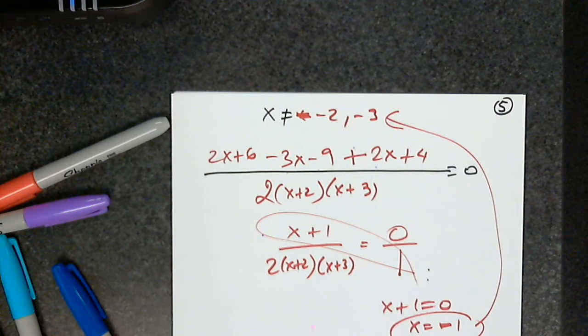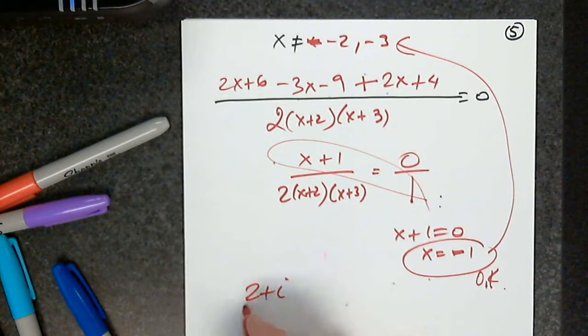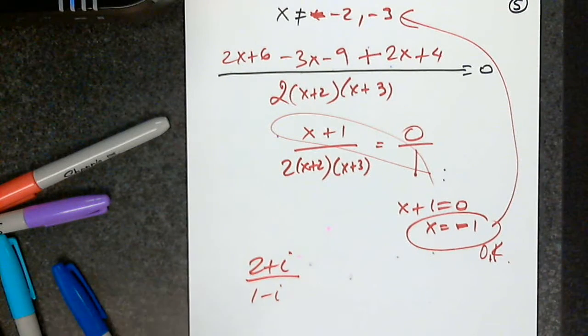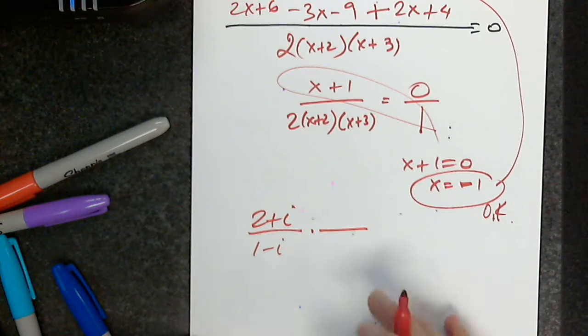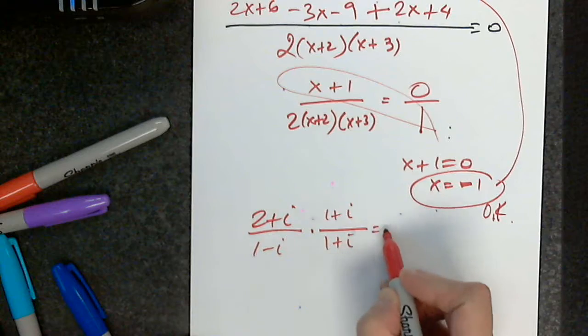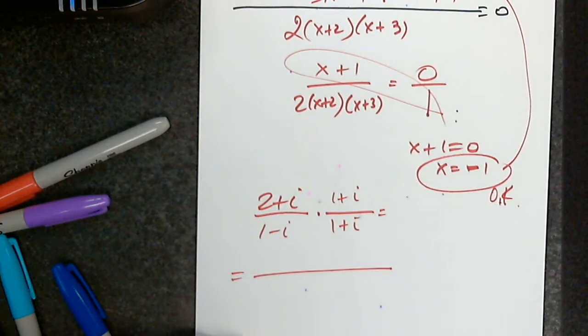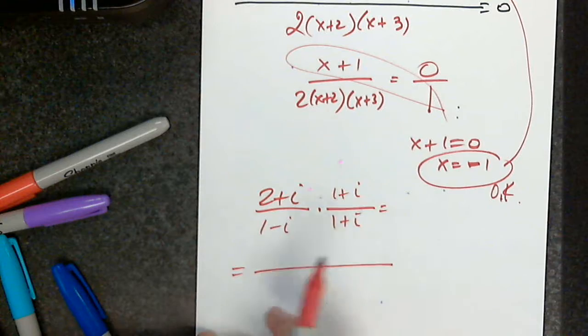Very good. Okay, let's divide 2 plus i over 1 minus i. How do I divide two complex numbers? So I multiply and divide by the conjugate, 1 plus i. Very good. The denominator is easy because I'm using the formula a plus b times a minus b.